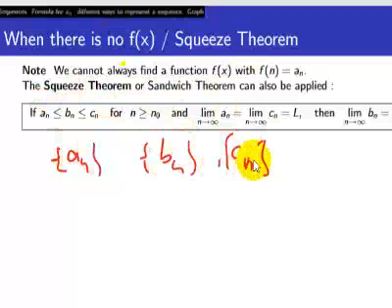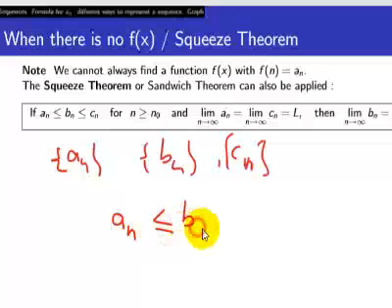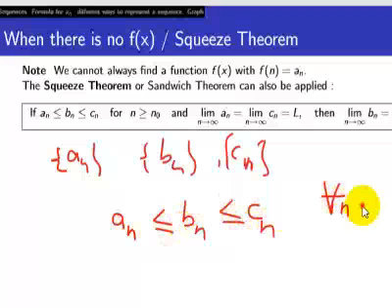These are three sequences so that the value of a sub n is less than or equal to b sub n, which is less than or equal to c sub n. This is true for all n after n naught, right?